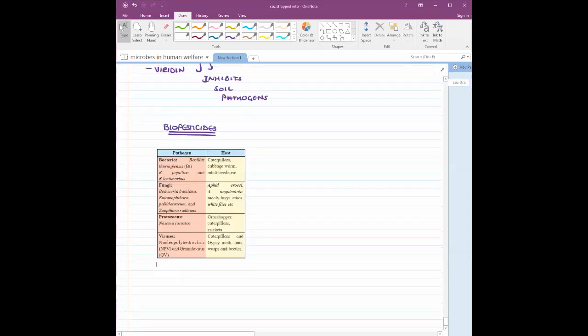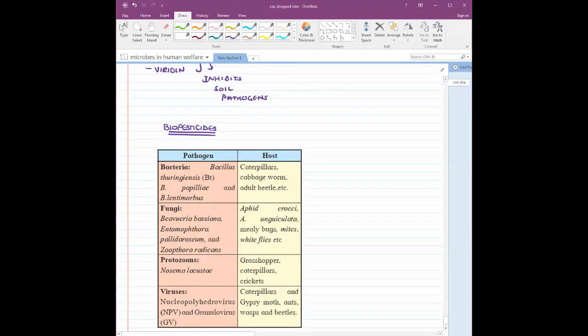We are going to make use of different kinds of organisms: bacteria, fungi, then protozoans, and finally even viruses, guys. All of them can be used.